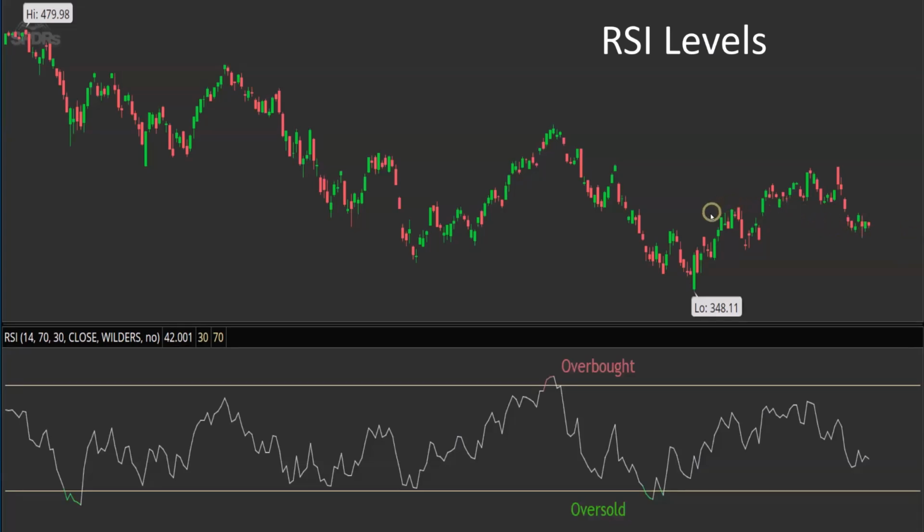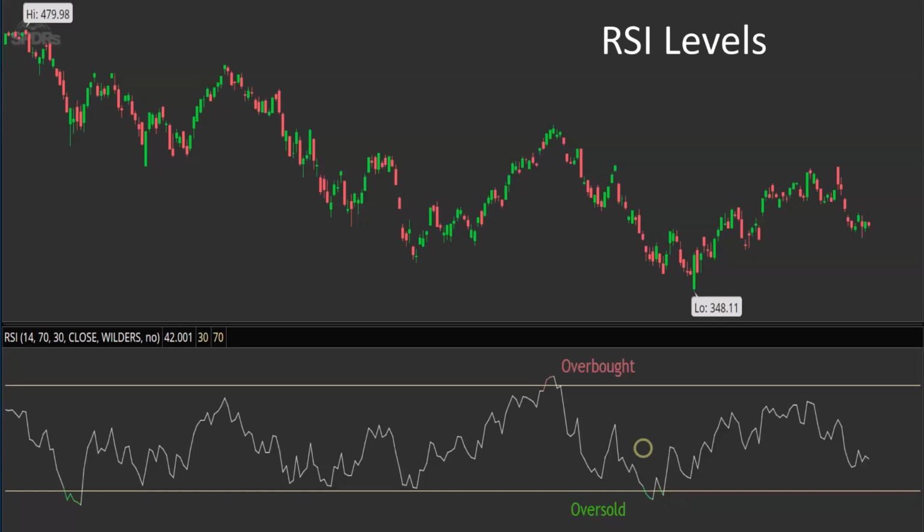Now, if you're going underneath 30, as you can see right here, that's technically telling you you're overextended to the downside, and you might want to tap on the brakes, maybe lay off the selling pressure because you're overextended. Meaning if you're going into this breakdown right here, pretty good pattern, but you're already oversold because of all the selling pressure in front of that breakdown.